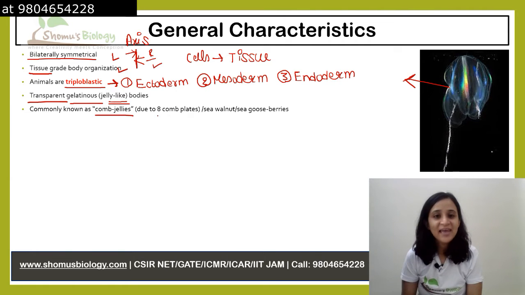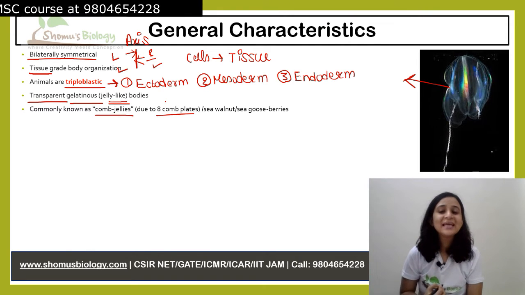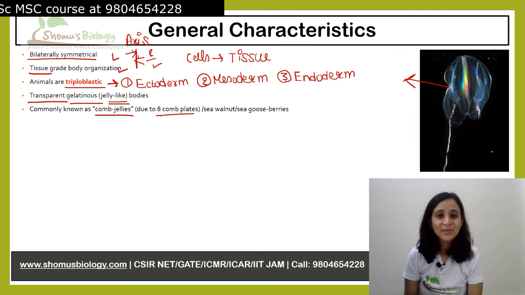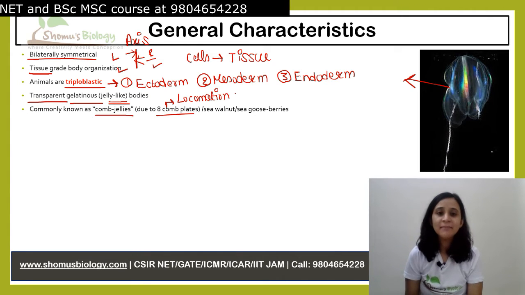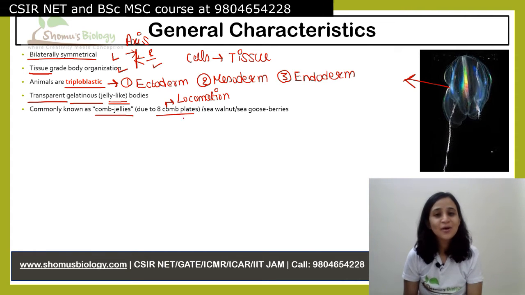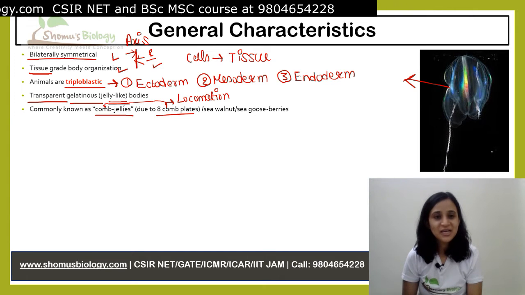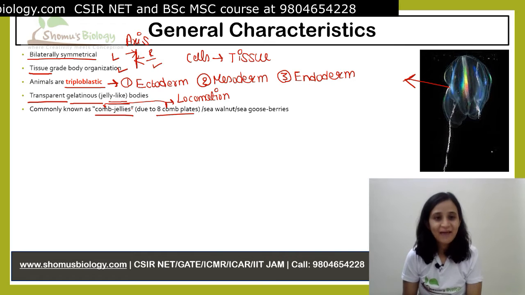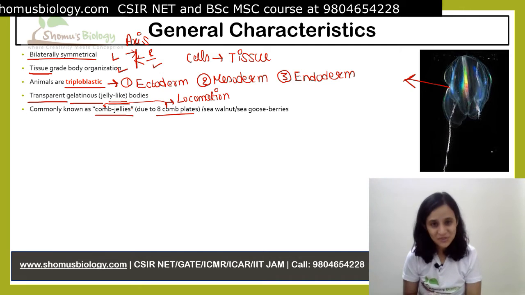Because they have 8 comb plates, and these comb plates help them in locomotion. As they have 8 comb plates, they are named comb jellies. And why jelly? Because they have a gelatinous, jelly-like body. Hence they are named comb jellies.